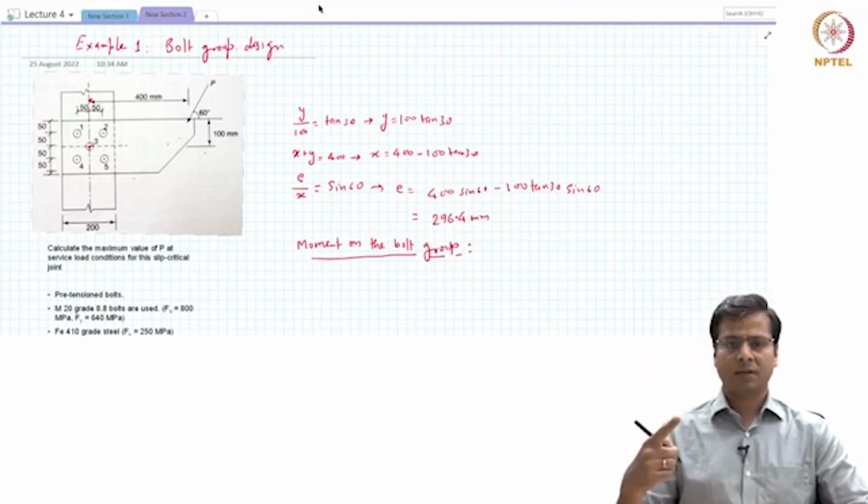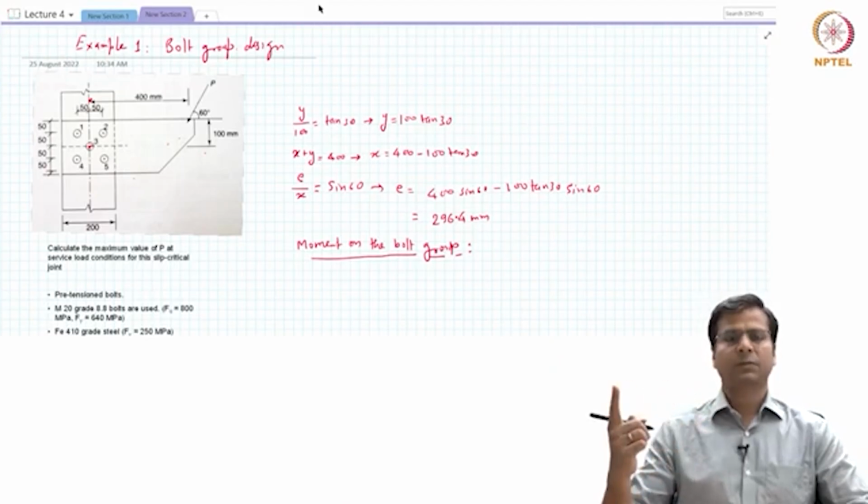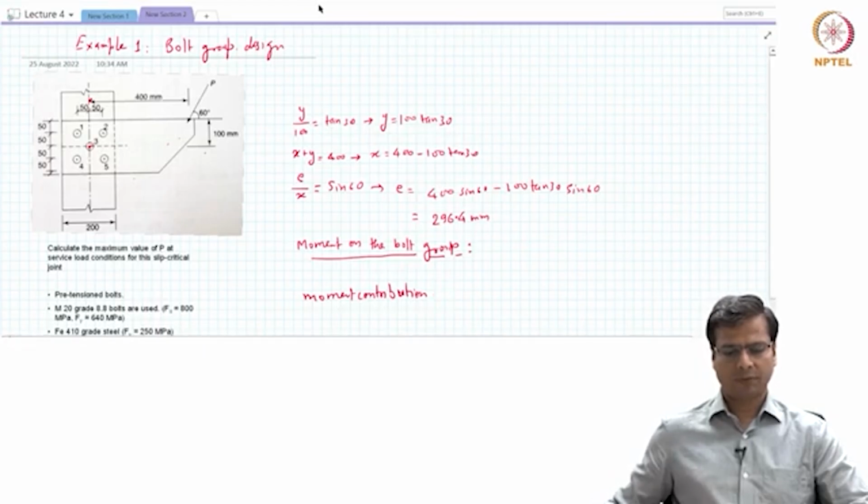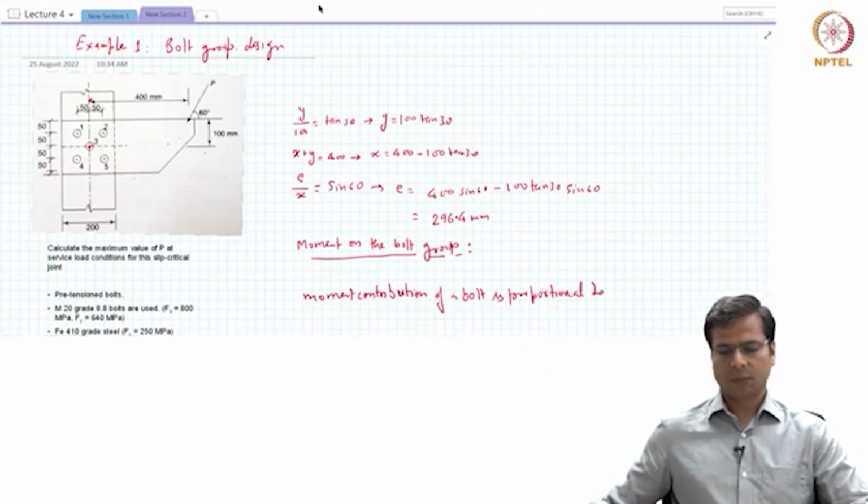Then in addition to that, the moment contribution from that bolt will again be proportional to the force times the distance from the centroid, which essentially means that the contribution of a bolt towards resisting the moment is proportional to the distance from the centroid.